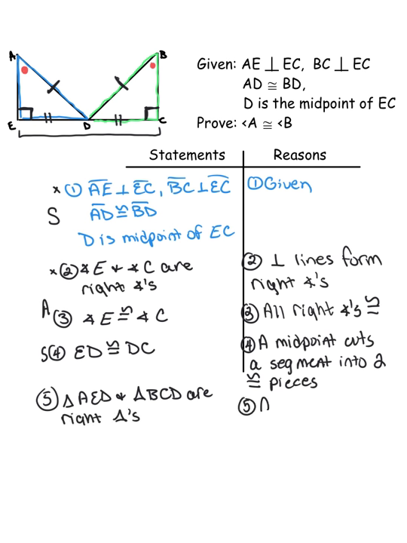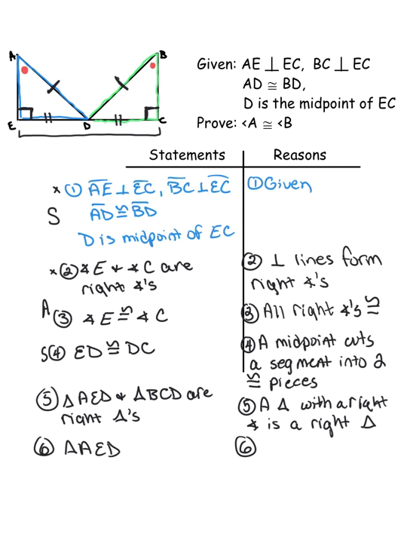I know that because a triangle with a right angle is a right triangle. Now, instead of writing angle side side, which is a bad word, I can say that triangle AED is congruent to triangle BCD by hypotenuse leg, congruent to hypotenuse leg.